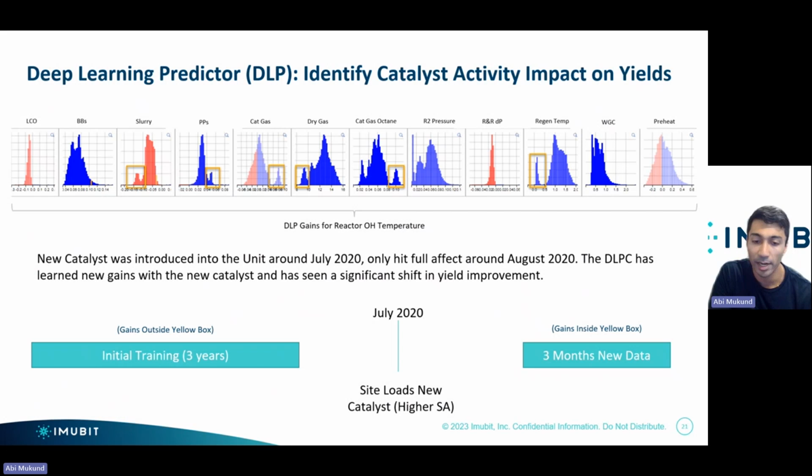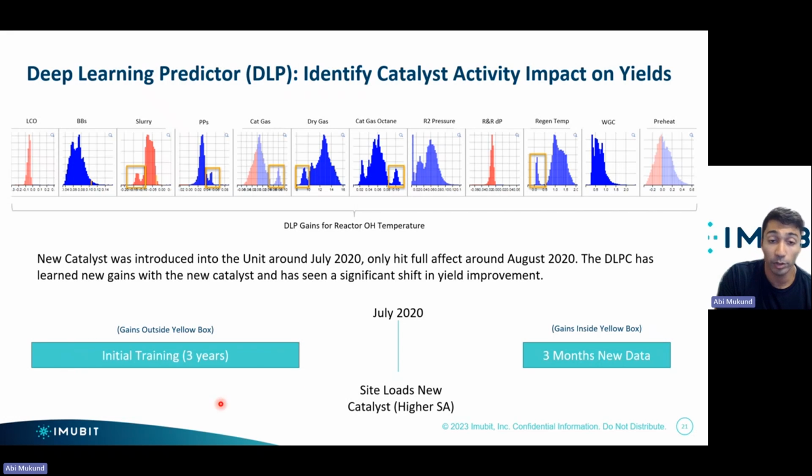The process expert defines the independent variable, in this case riser outlet temperature, and the dependent variables are all the yields and the critical constraints in an FCC. So, compressor suction pressure for the wet gas compressor, maybe the slide valve DPs, and for sure all the product yields, so cat gas, diesel, etc.